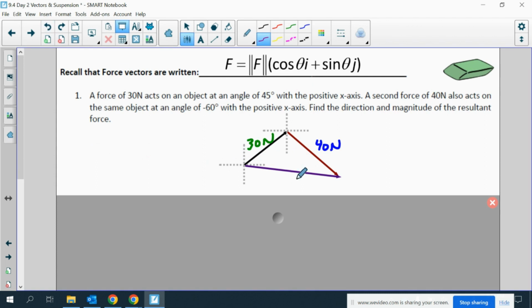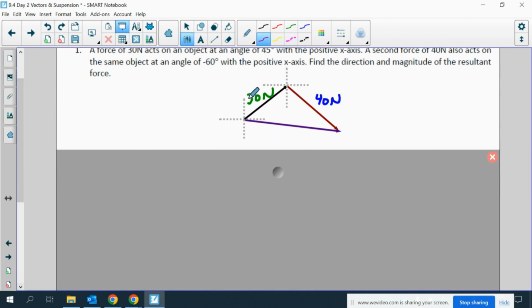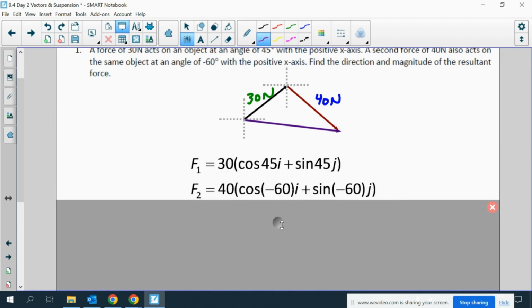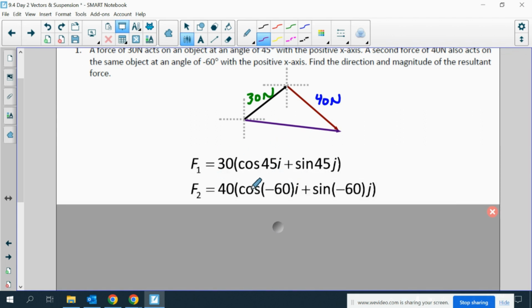And likewise for force 2, it's a 40 newton force going down 60. So I can take these two forces and then I can write them either in i's and j's or in component form. I'm going to take component form. So this one's going to be 15 root 2, 15 root 2.